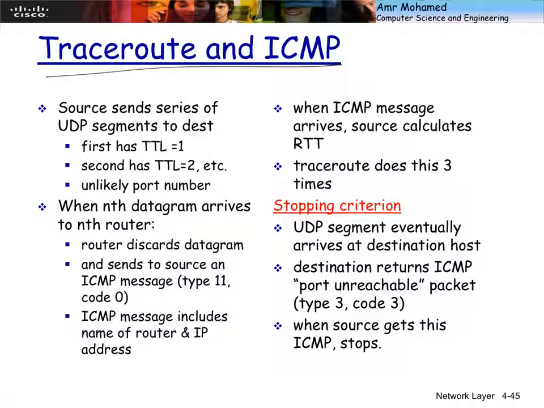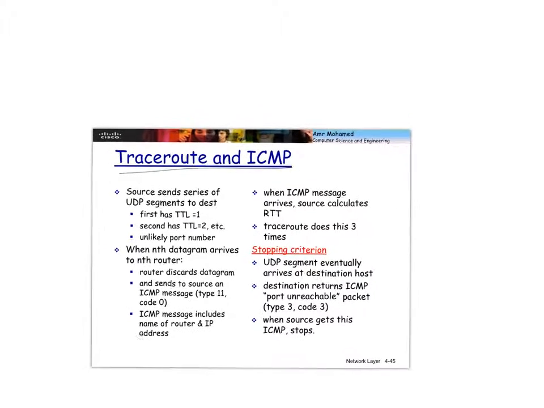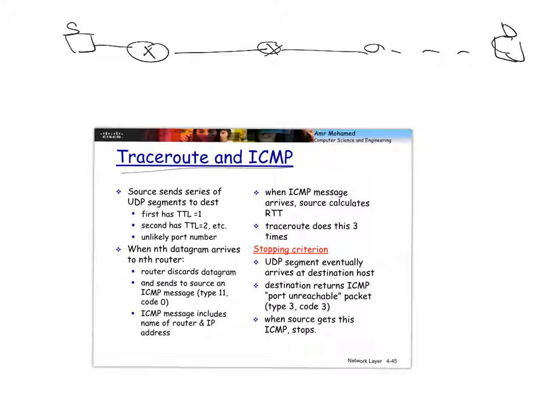For traceroute, if I want to know the probable path, the technique is very simple. I send an echo request. You have the host, which is connected to a router, which is connected to a router, and so on, until I reach the destination.